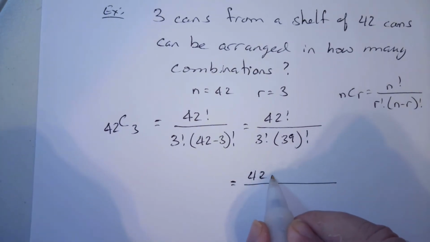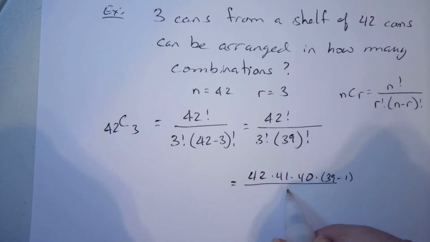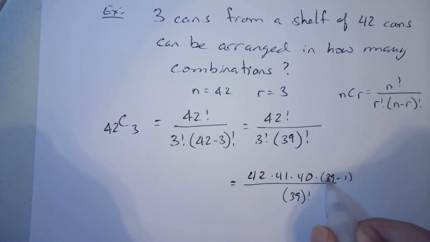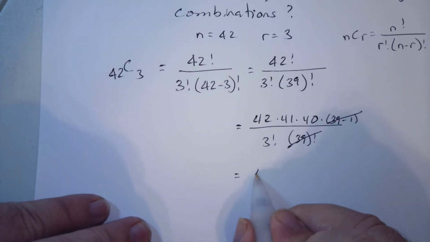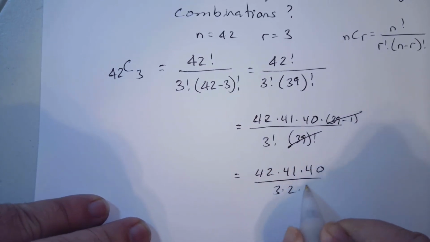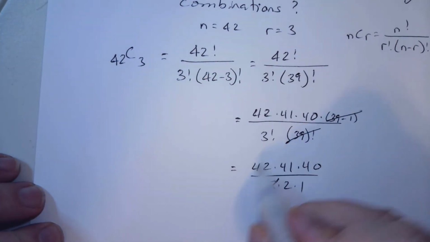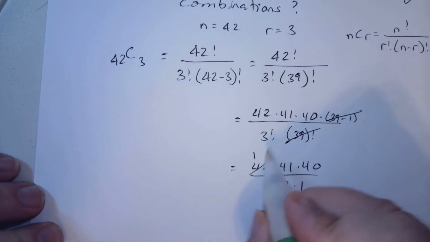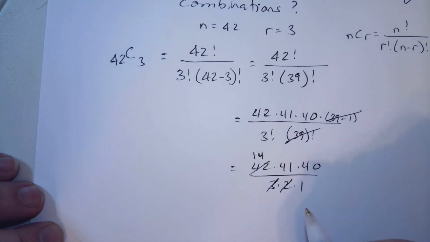So 42 times 41 times 40 times 39 down to 1 cancels with 39 factorial. So it's 42 times 41 times 40 over 3 times 2 times 1. 3 goes into 42 14 times. 2 goes into 14 7 times.